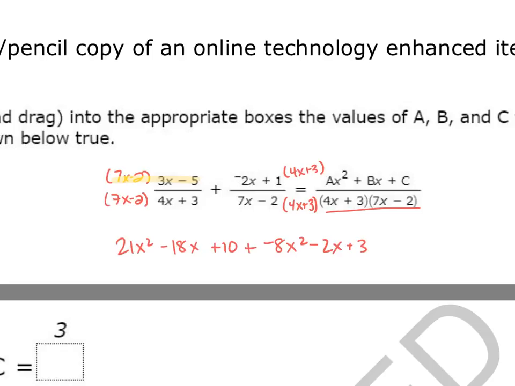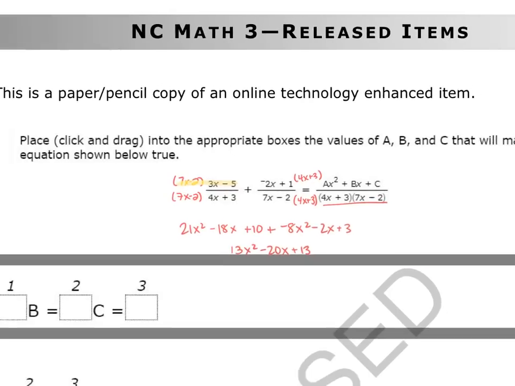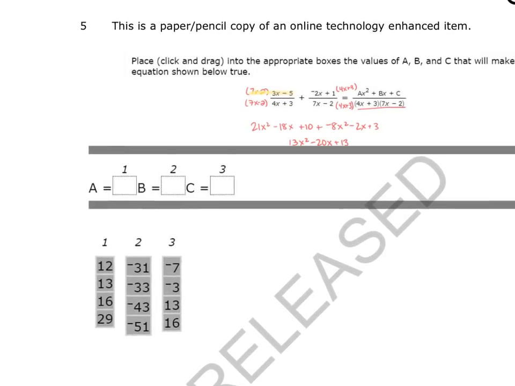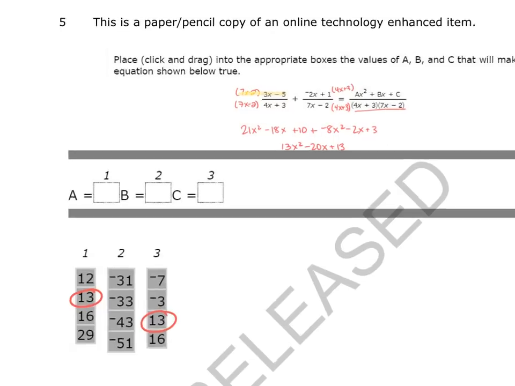So 21x squared minus 8 is 13x squared. Negative 18, negative 2 is negative 20x plus 13. So if I'm looking at my answer choices, we can see that I'd need to drop this. I didn't get the right middle answer. 6 and negative 35.